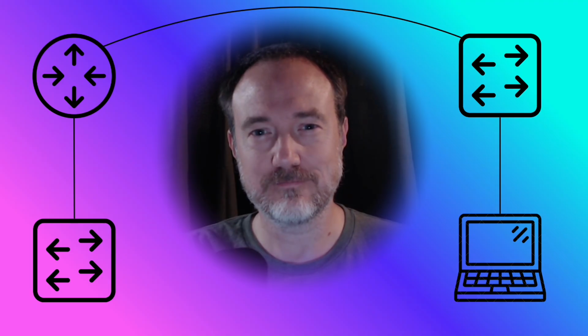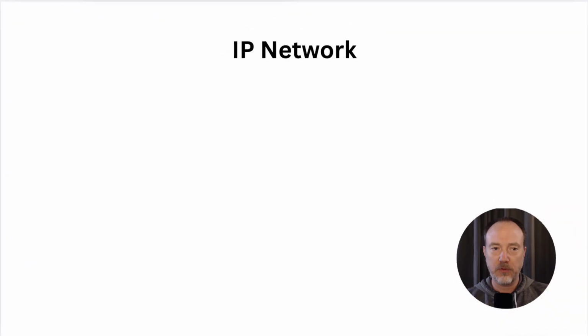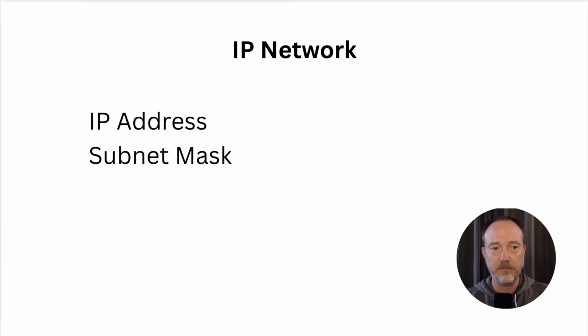Let's talk about the relationship between an IP address and the subnet mask to see how an endpoint uses these two values to derive additional information about its network. An IP address and subnet mask can either be statically assigned to an endpoint or dynamically learned by the endpoint.